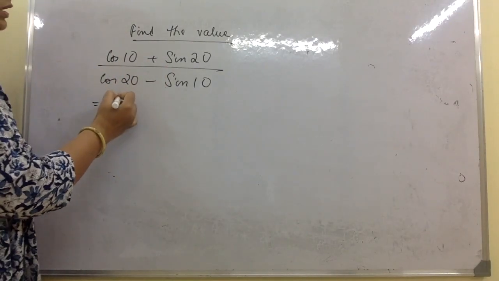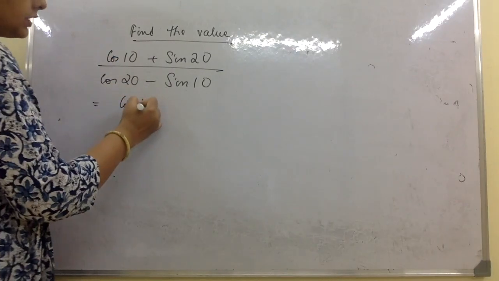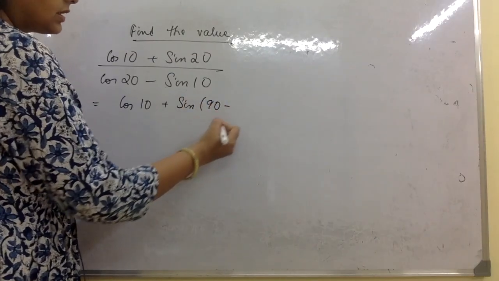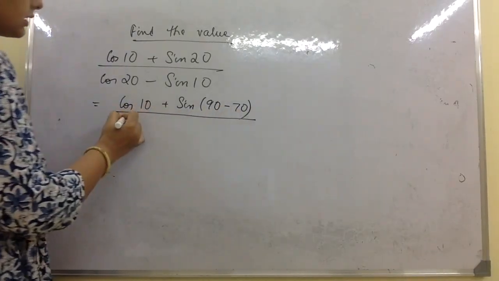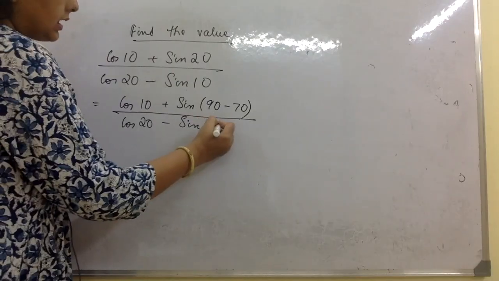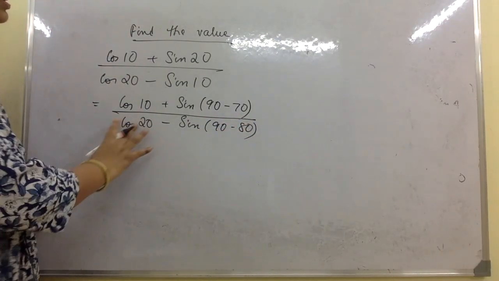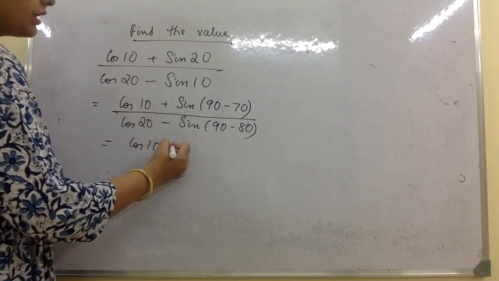Here cos 10 plus sine 90 minus 70. This is cos 20 minus sine 90 minus 80. So we have converted them, we are trying to convert them to the same trigonometric ratio.